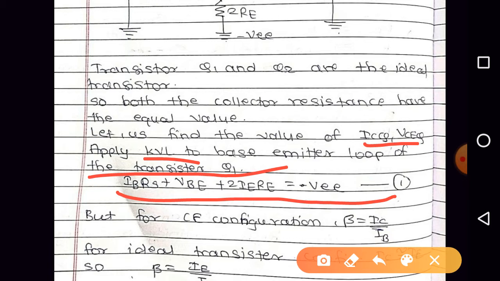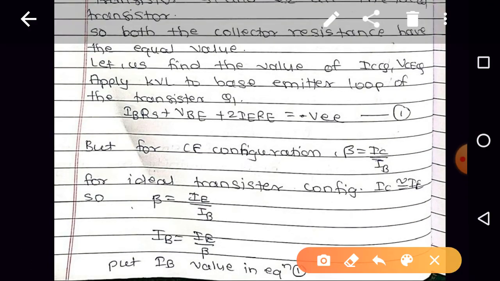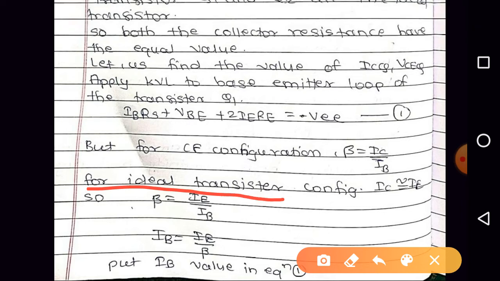But for the common emitter configuration, beta gain is the ratio of IC upon IB. For an ideal transistor, IC is nearly equal to IE. So we know beta is equal to IE upon IB, so we can write IB is equal to IE upon beta.